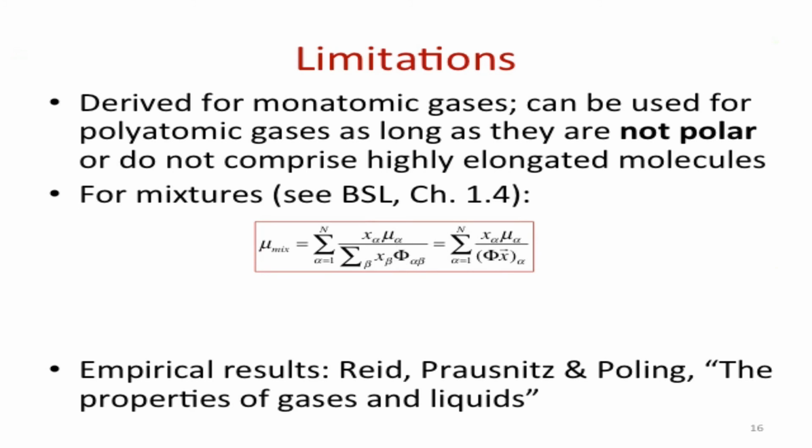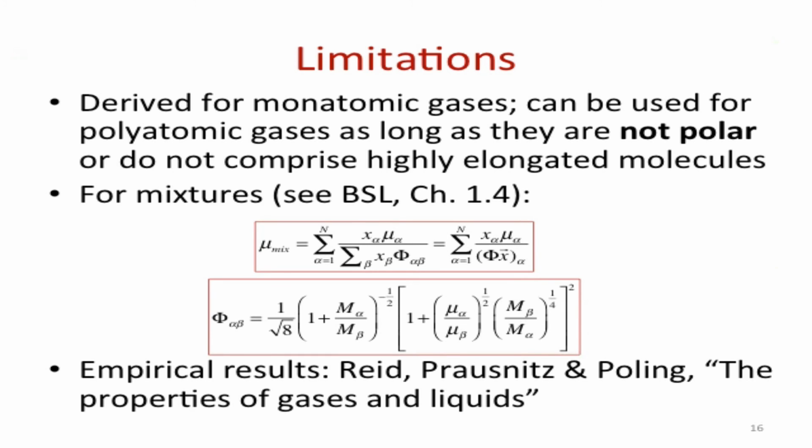You simply compute these based on the tabulated versions. And empirical results can be found in this text, so you can also simply go for experimental measurements. Now let's see how it works.